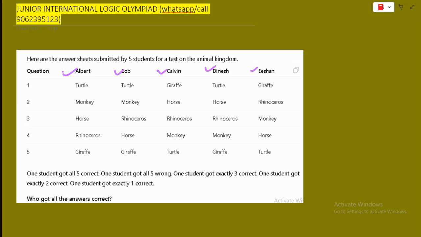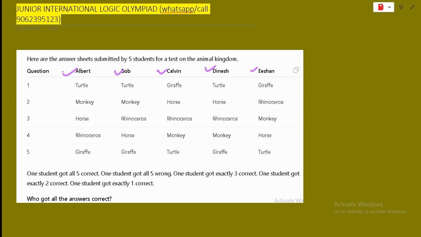And they took a test on animals. Now one of them is a genius who got 100% and one of them, bless their heart, got a zero. They could not find a giraffe in a zoo, and the others are stuck in the middle. Our job: find the genius.